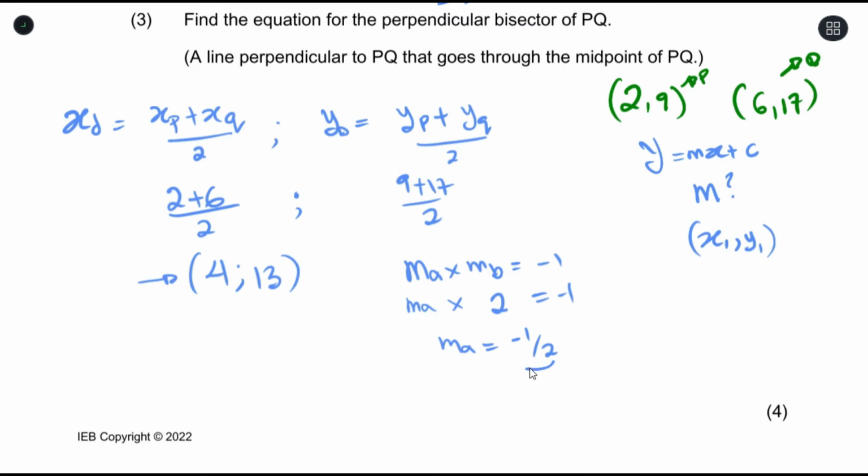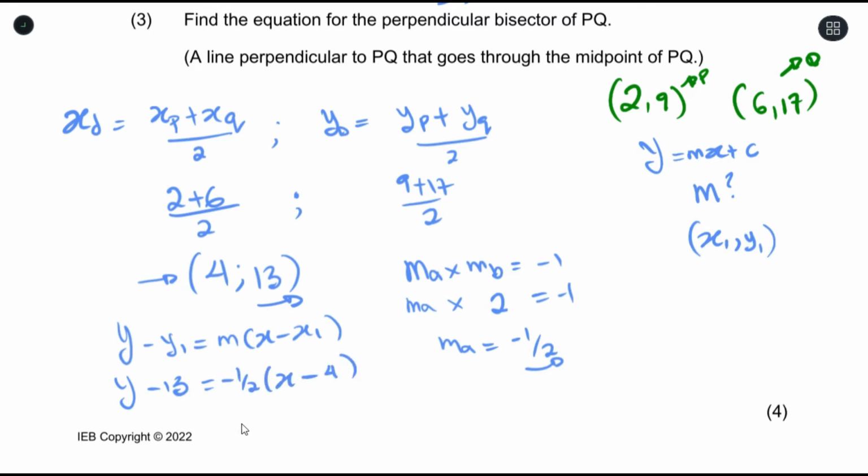So now we have the gradient, we have the coordinates, we can put them into the equation. I'm going to use this equation over here: y minus y1 is equal to m(x minus x1). So you have y minus 13 is equal to -½(x minus 4).